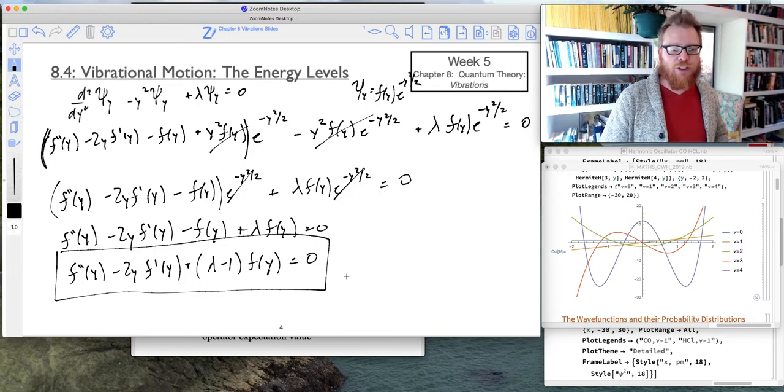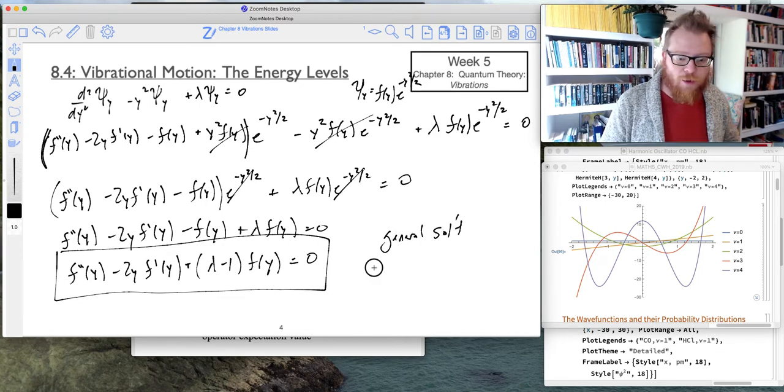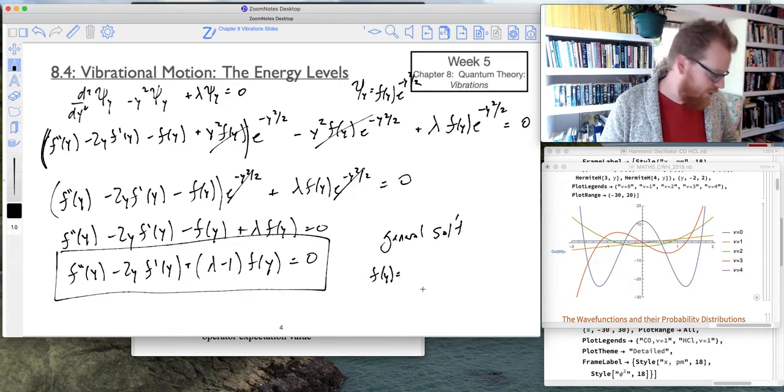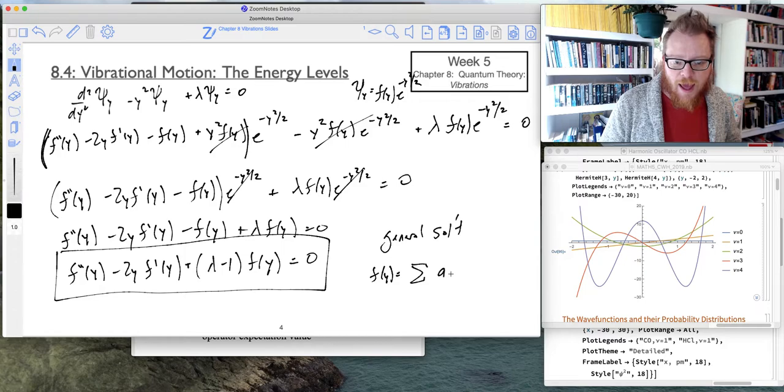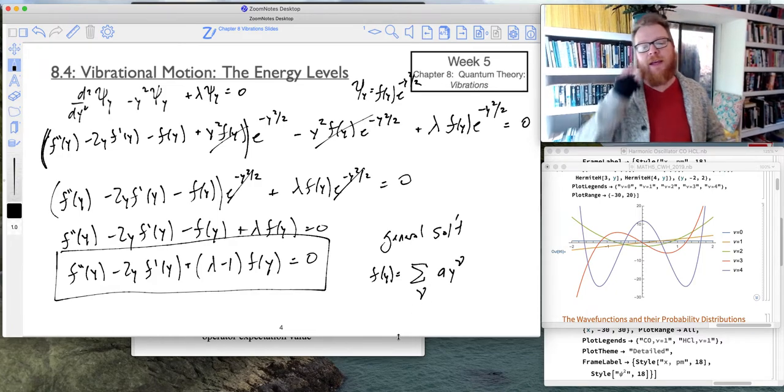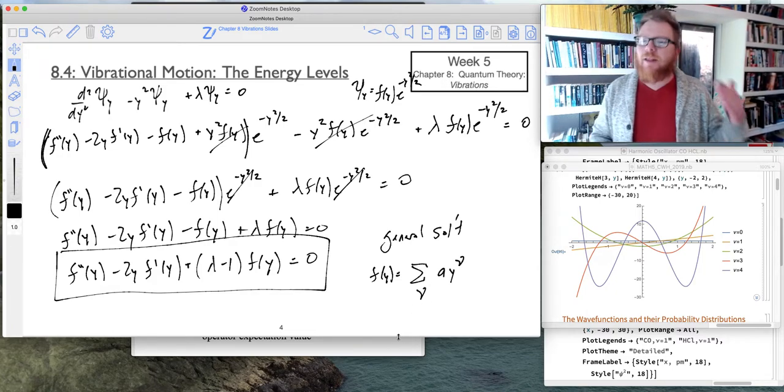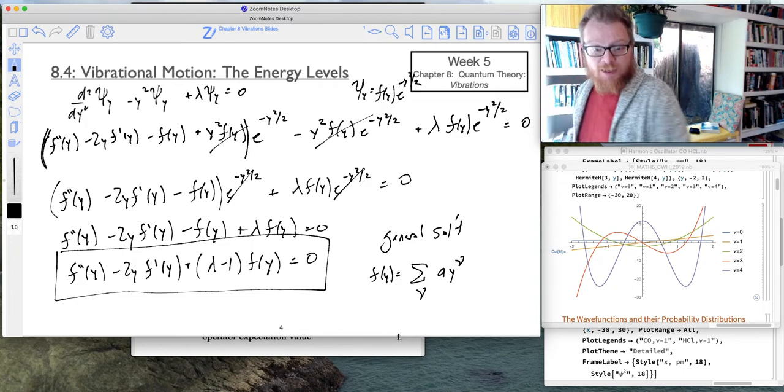So the general solution of this, we know that f of y has to be a polynomial. I'm just going to set this up as the general form of a polynomial, which says the sum of all terms a y to the power nu, where nu is my polynomial index that I can keep adding on.